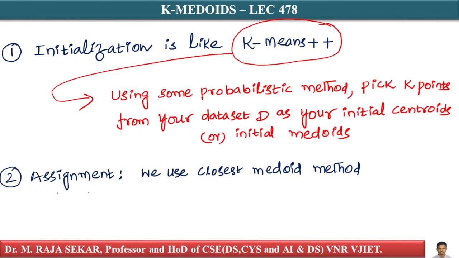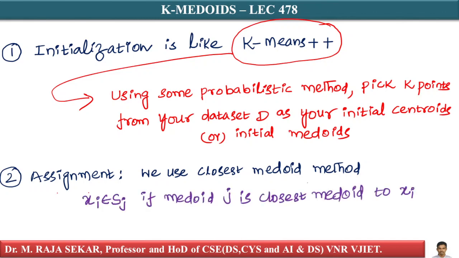So given any point xi, it belongs to cluster Sj if medoid Sj is the closest medoid to xi.